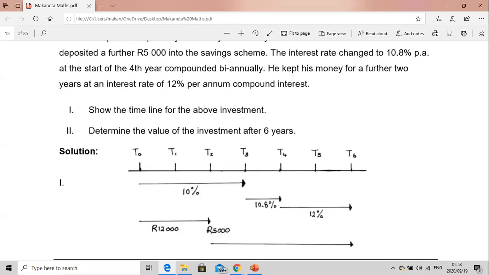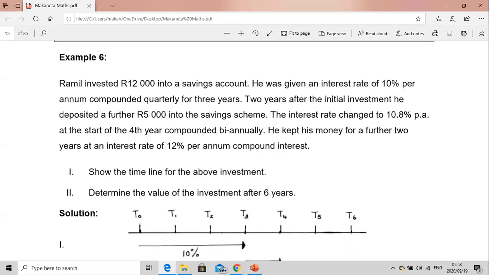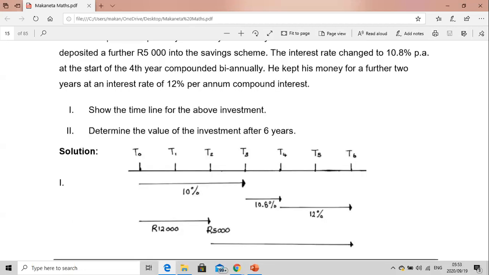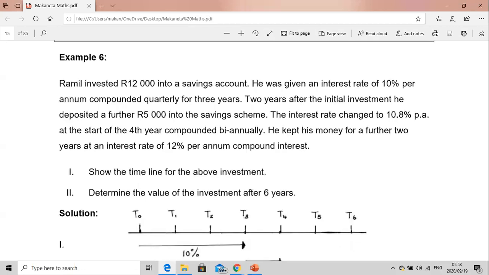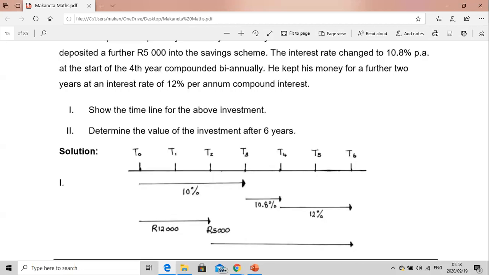And of course, you can tell there that for 3 years, 10% there, that is what was given. The interest was 10% per annum compounded quarterly. So for 3 years, we have got 10%. And then we also have a further 5,000 rand, which was deposited. The interest rate changed to 10.8% per annum. So this is where the 10.8 comes from.